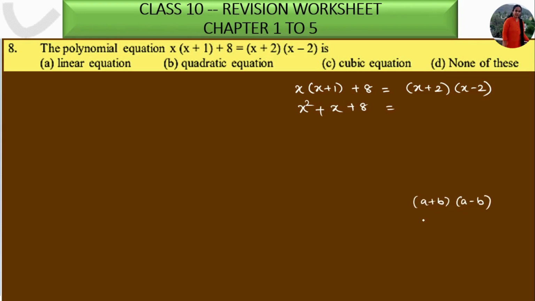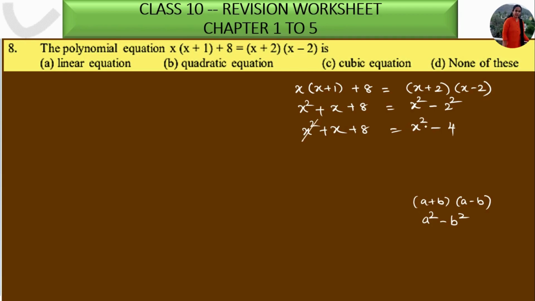So a plus b into a minus b is a square minus b square. So here a is x, so x square minus b is 2, so it is 2 square. So you will get x square plus x plus 8 equal to x square minus 2 square, which is 4.